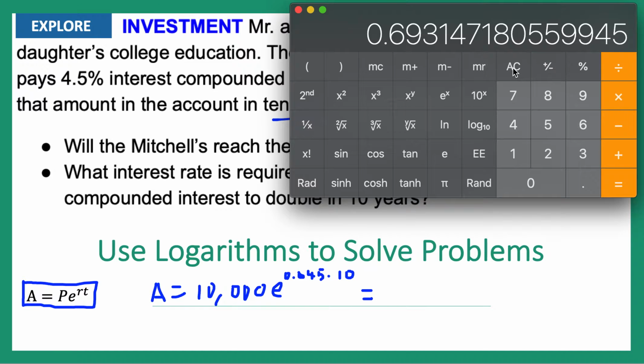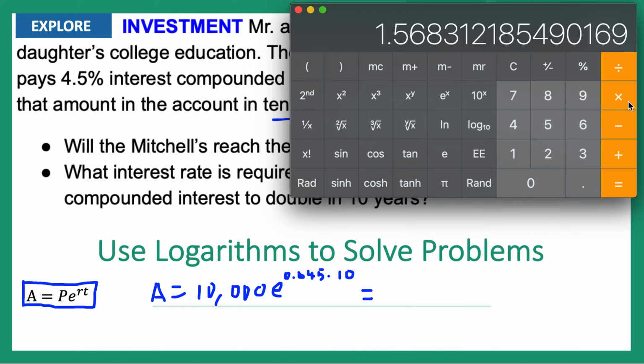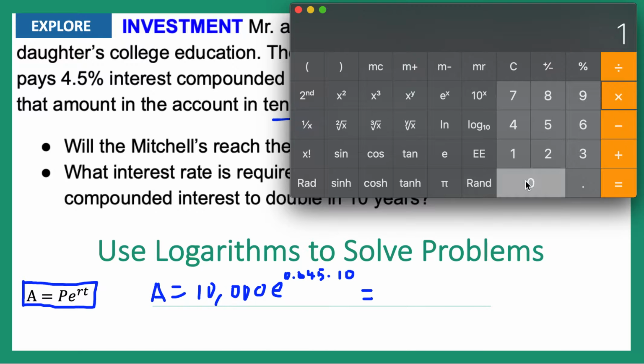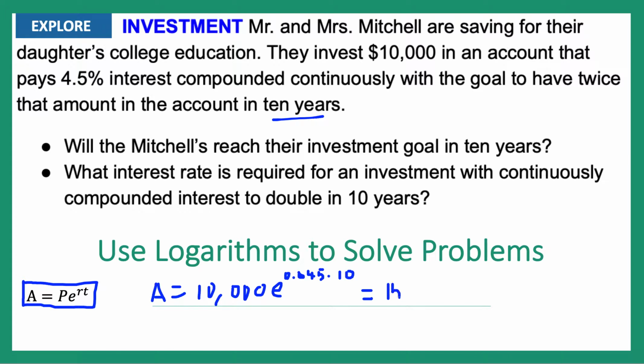We have 0.045 times 10, then we go to e to the x and we get the number, then we multiply it with the principal 10,000, and we get 15,683.12.